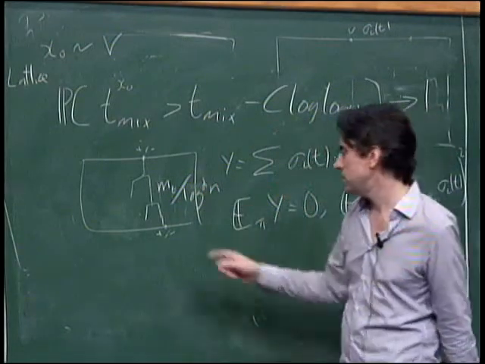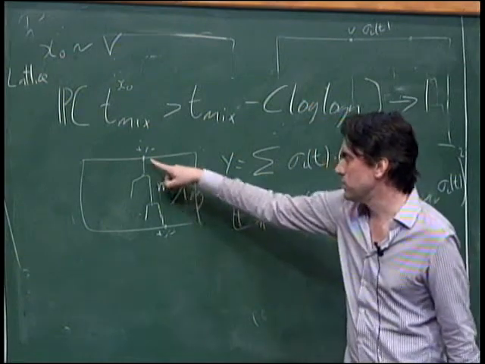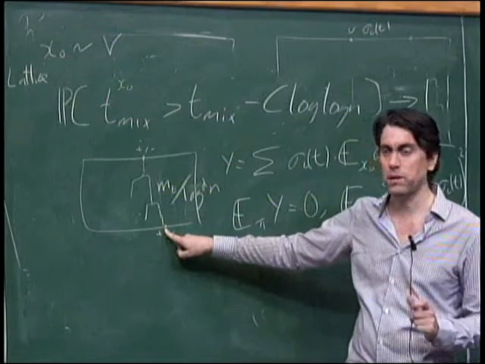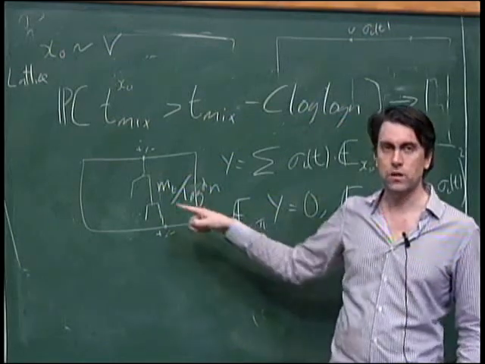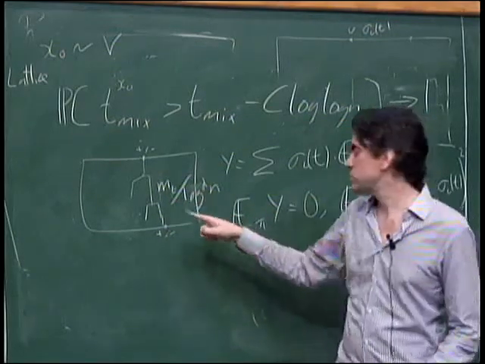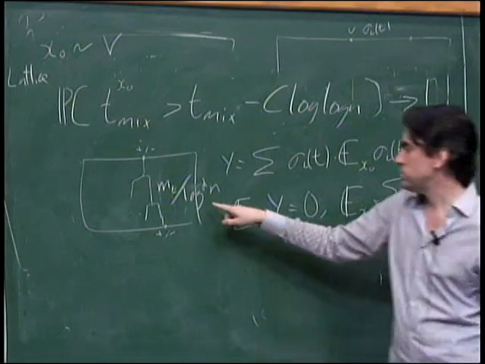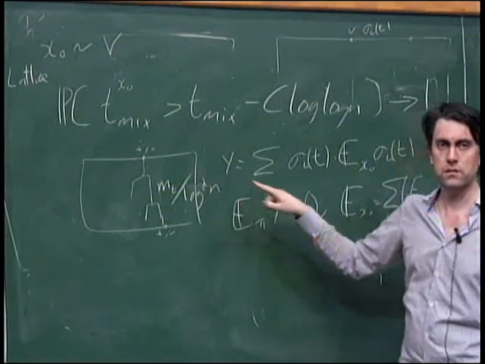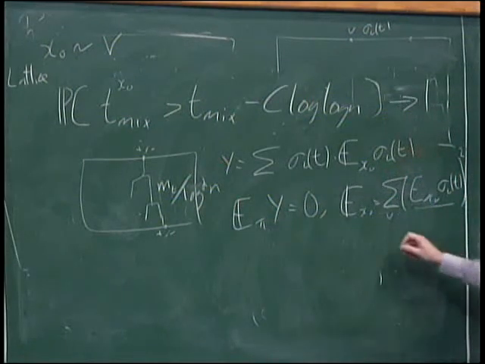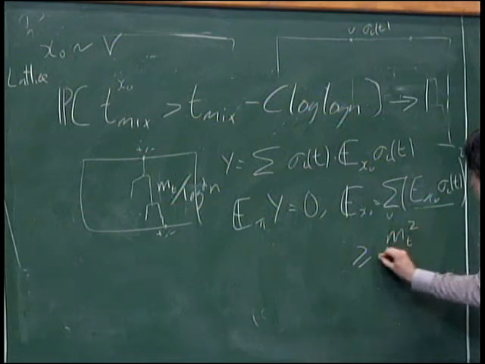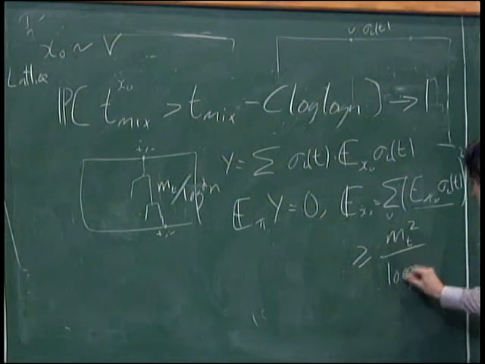So this would be the effect on the magnetization of changing this vertex from, say, a minus to a plus. You get a variation of about this much. So the typical order of this expectation should be at least as much as this. And so we should expect this to be bigger than mt squared over, again, something logarithmic.